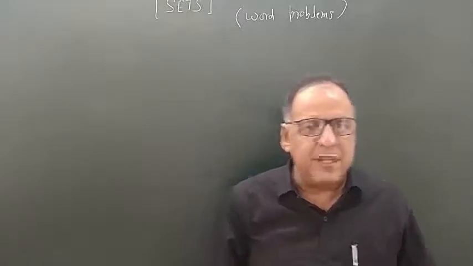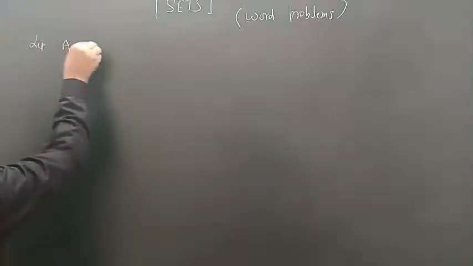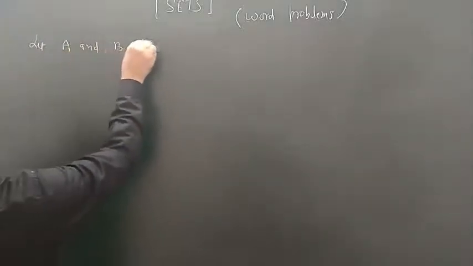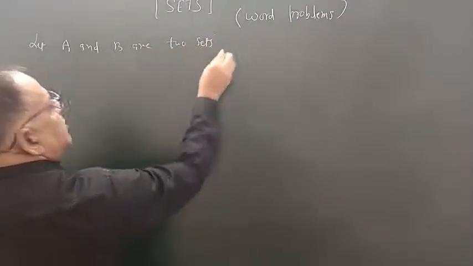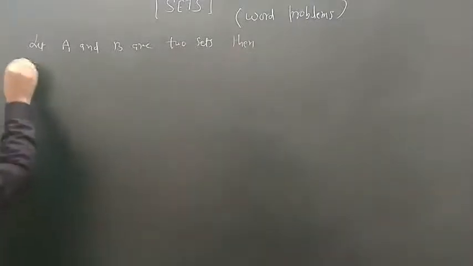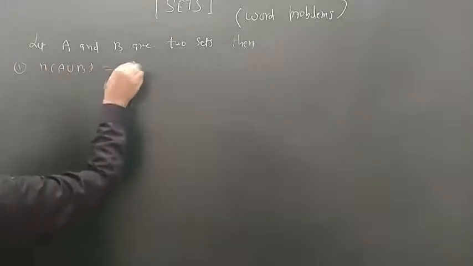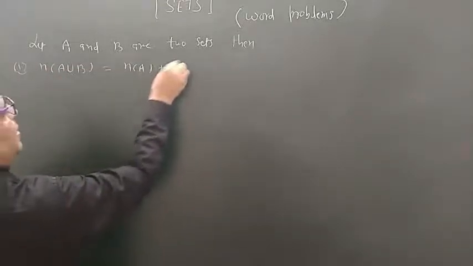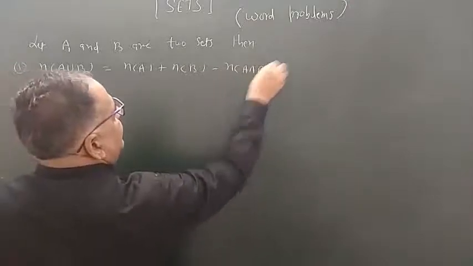Suppose that A and B are two sets, then n(A union B) is equal to n(A) plus n(B) minus n(A intersection B).